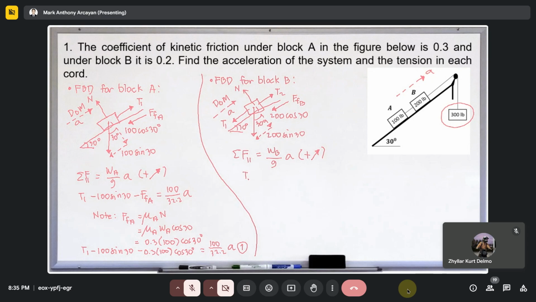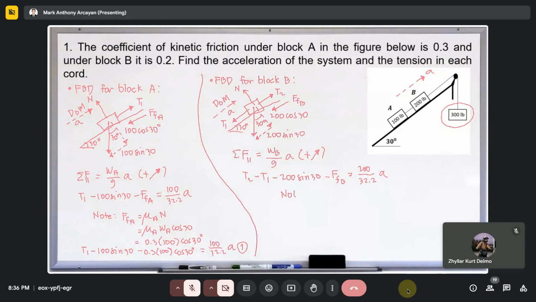We have T2 minus T1, then minus the parallel component of the weight, as well as the frictional force, F sub FB, equal to 200 over 32.2 times the acceleration.